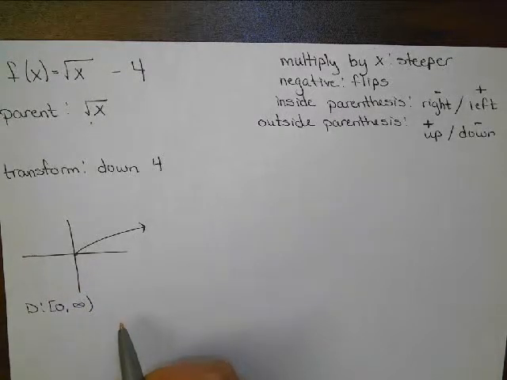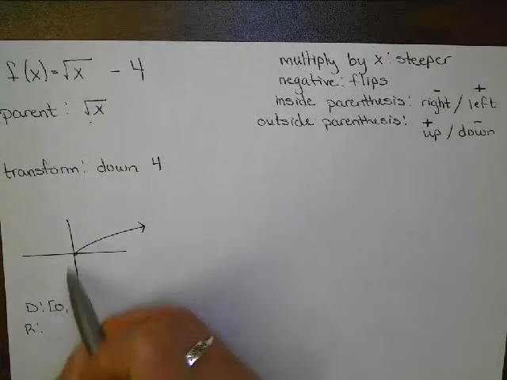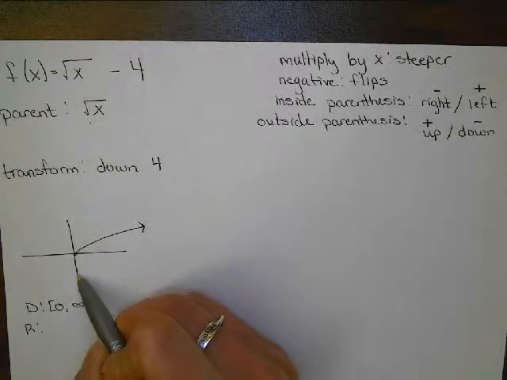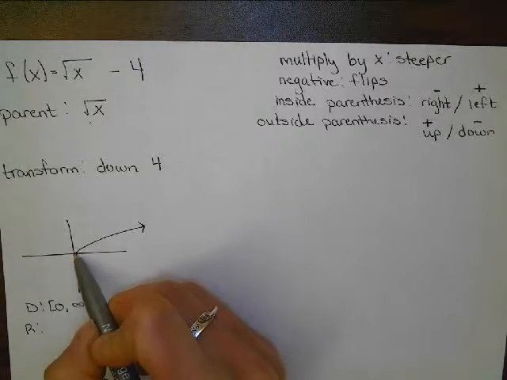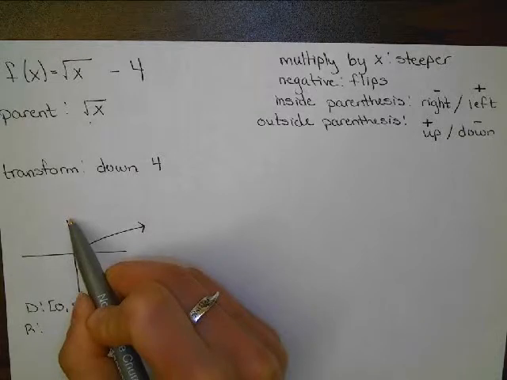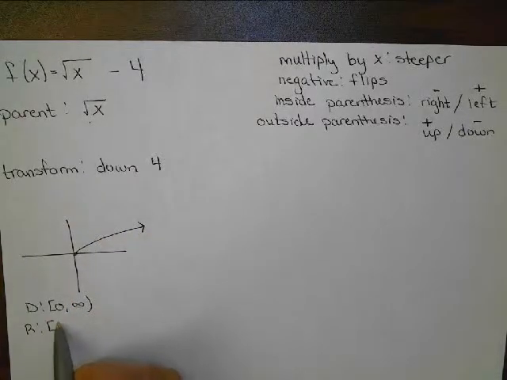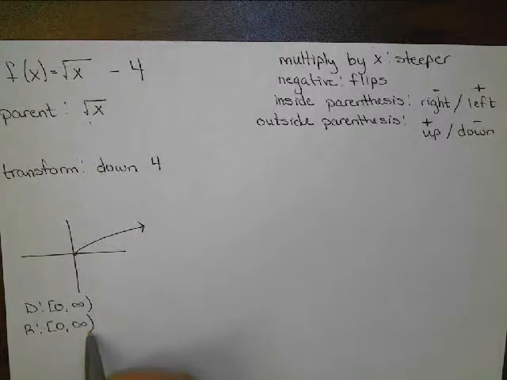That would be my domain for my parent function. And then my range, if I start at the bottom, starts here on the y-axis, which is 0, and you'll see that my graph keeps going up and up and up. So my range is also 0 to infinity. That's for the parent function.